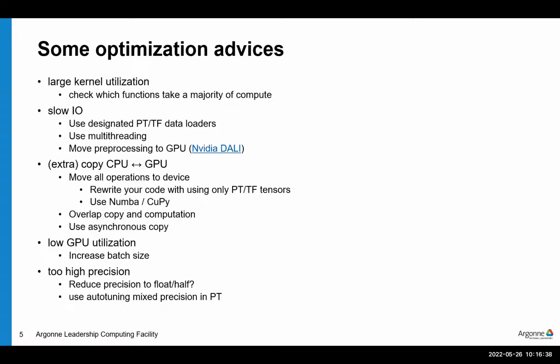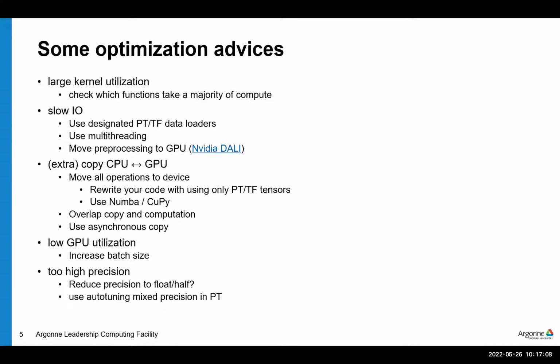Sometimes writing some primitive algorithms for your problem may be more efficient than using highly optimized CPU versions. Another possibility is to use Numba and CuPy. And if you cannot do it, it's also good to overlap computations and copying of data, such that you can do it asynchronously, using some multithreading for that.